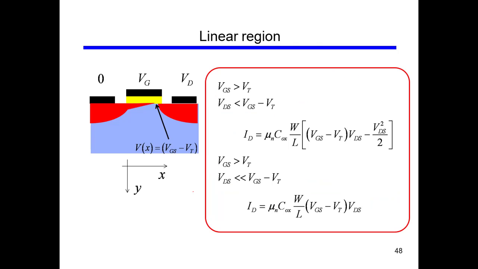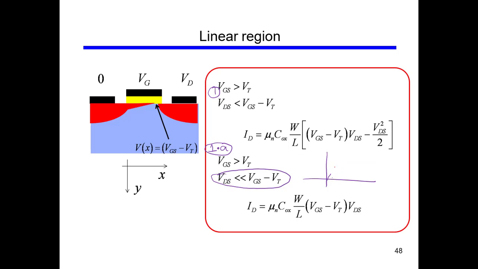What about the linear region? This was the first case, so basically the linear region is, I would say, 1.A. It is a special case of the first case. It is a part of the triode region, and it happens when VDS is very much less than VGS minus VT.